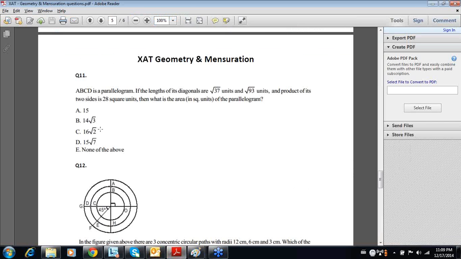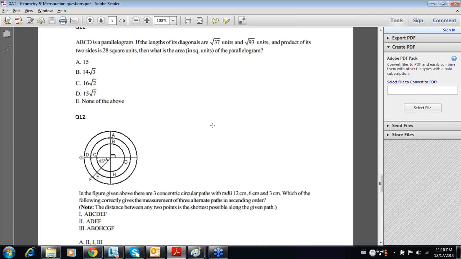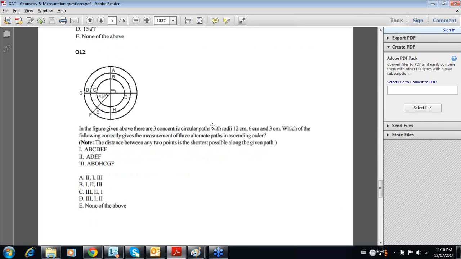Option number B, we'll go ahead and mark option number B as 14 root 3. Everybody clear with this? Everybody clear? Okay, great.